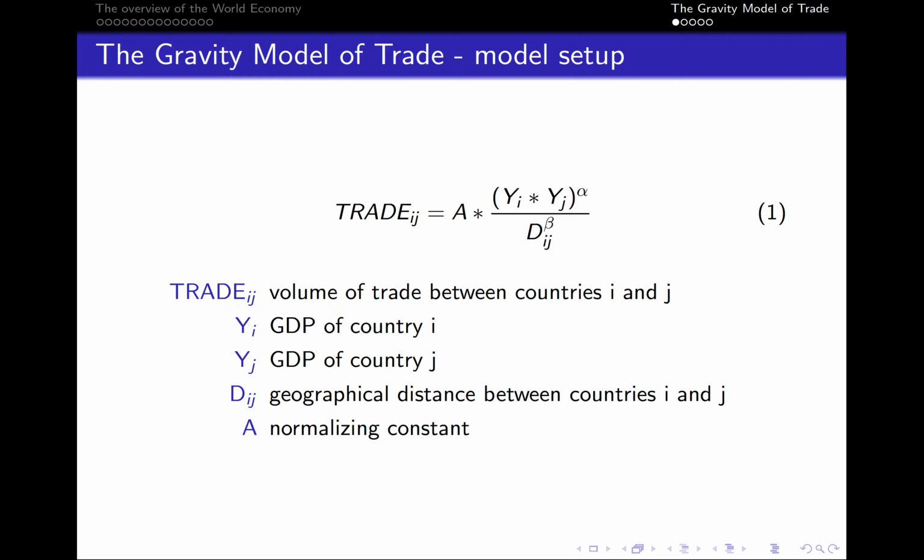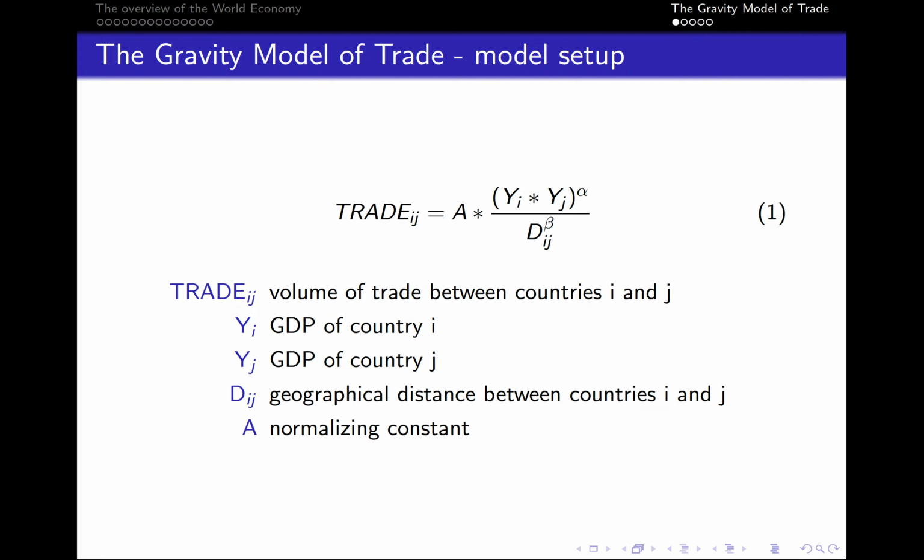And look, right away, just from looking at this equation, we can deduce what the model predicts. The bigger the product of GDPs of two countries, so the bigger the GDPs of two countries, the higher should be the volume of trade between these two countries. On the other hand, the bigger the distance between two countries, the smaller should be the volume of trade between them. Now, what is the rationale behind this? It's actually really straightforward. We expect bigger economies to trade more.